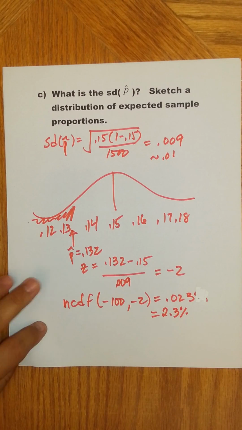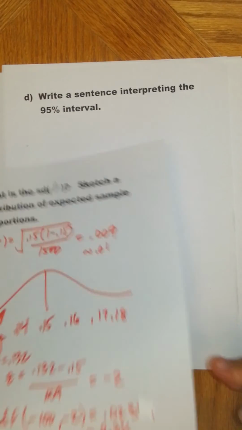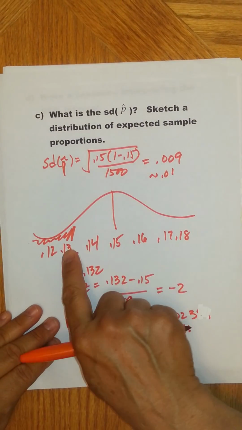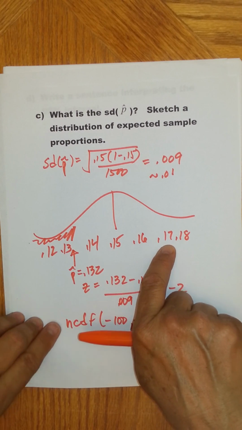So actually I jumped ahead. Let me go ahead and write a sentence interpreting the 95% interval. The 95% interval would have samples where between 13 and 17% are Hispanic in those samples.